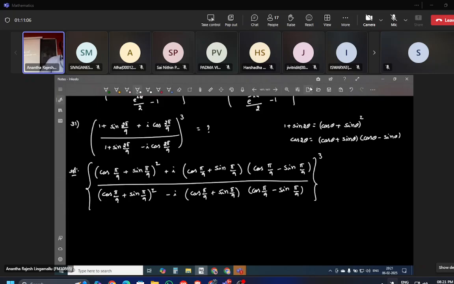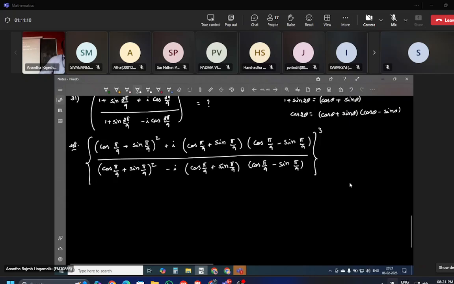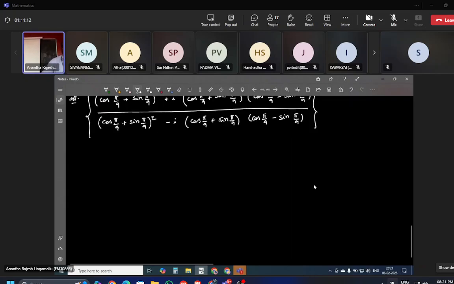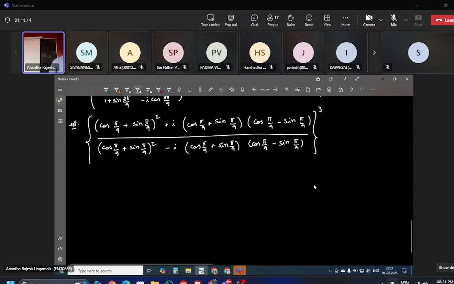That's it. Now how to simplify it? From numerator and denominator, I can cancel one term, right? What is that? Cos pi by 9 plus sin pi by 9. So only this much is left. What is my next step? Divide.